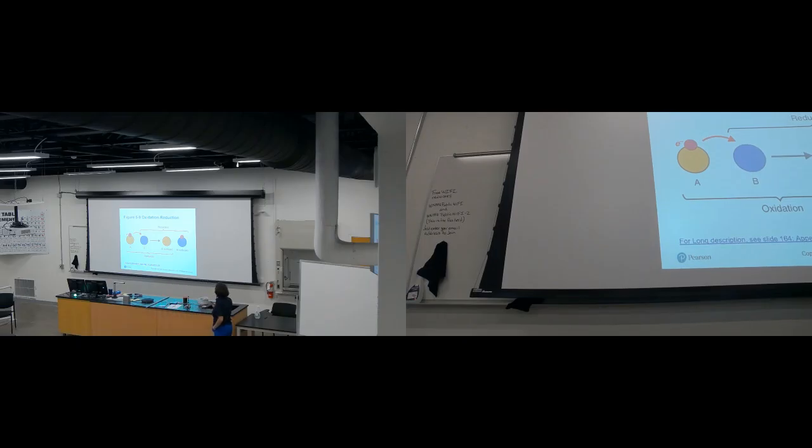So here's the coupling of oxidation and reduction. Here we have A and B molecules. This one has an electron that is going to be transferred to B. Since A is losing electrons and transferring them to B, A is going to be oxidized and B is going to be reduced.